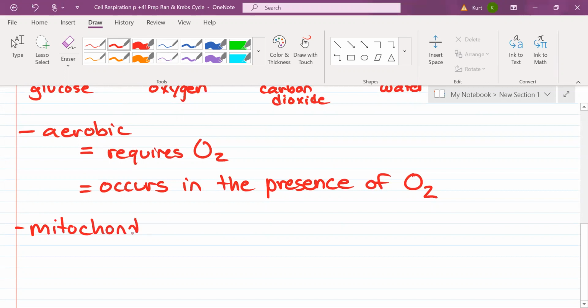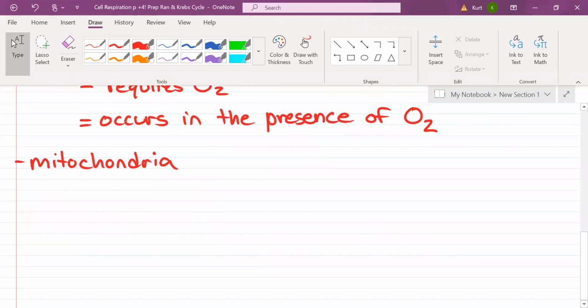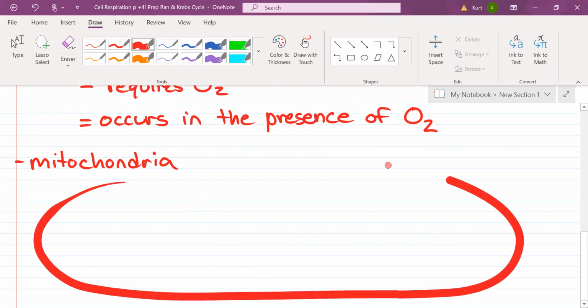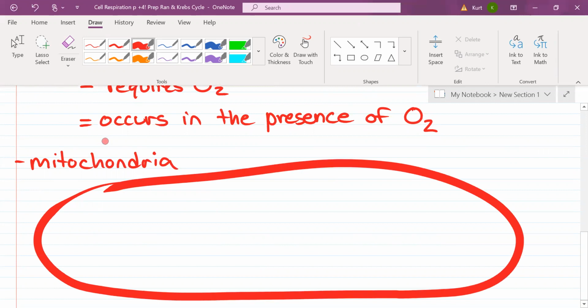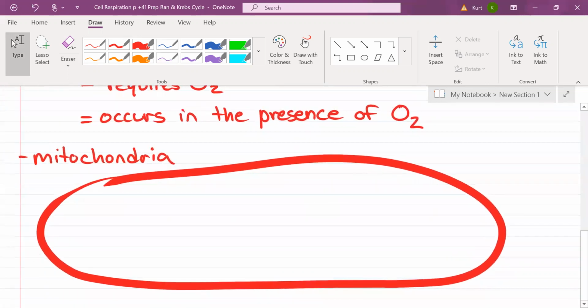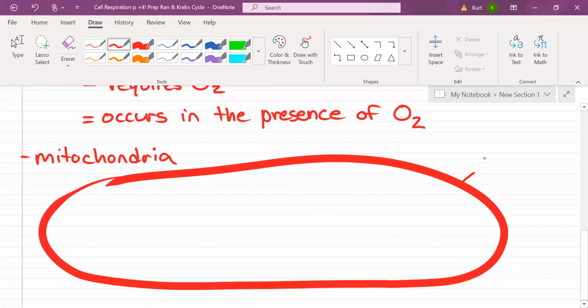Now, back when we started this whole unit, Unit 3, Cellular Energetics, I diagrammed what the different parts of a mitochondria are. I'm going to do that again with you guys right now. So a mitochondria can be circular, it can look like a sausage or a bean. And the first part that you see right here is the outer membrane.